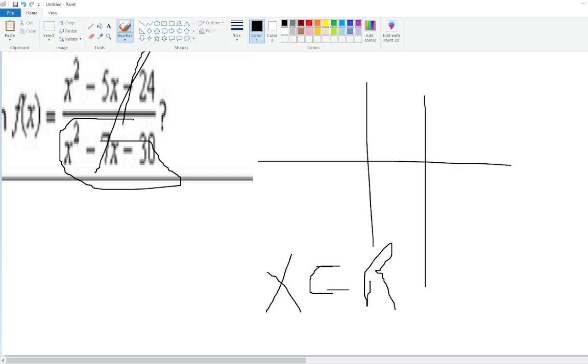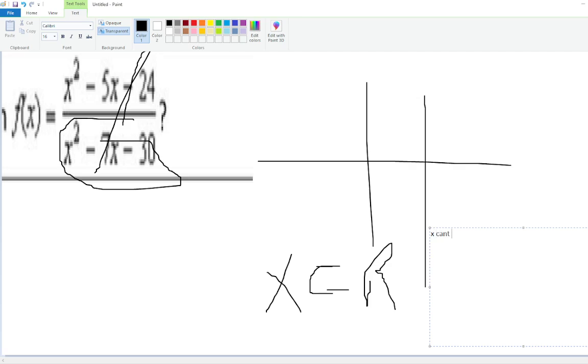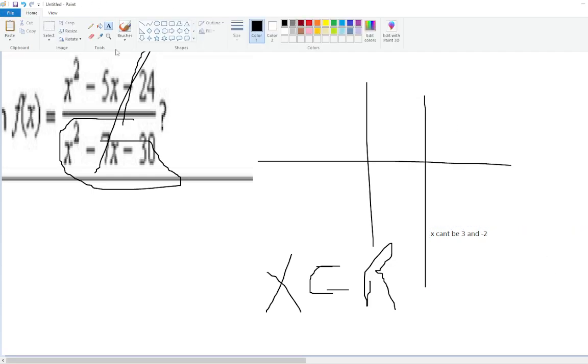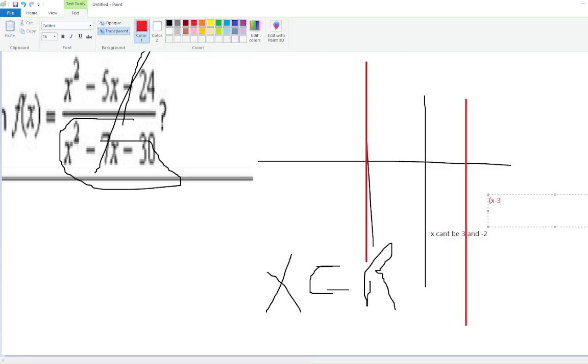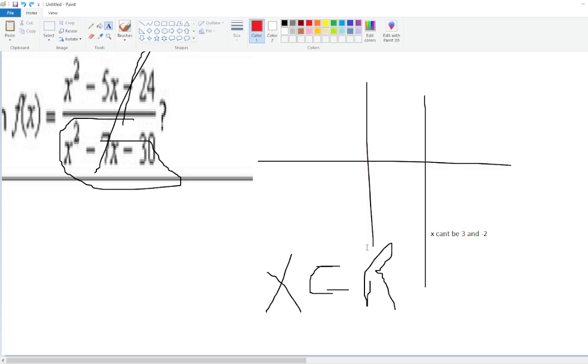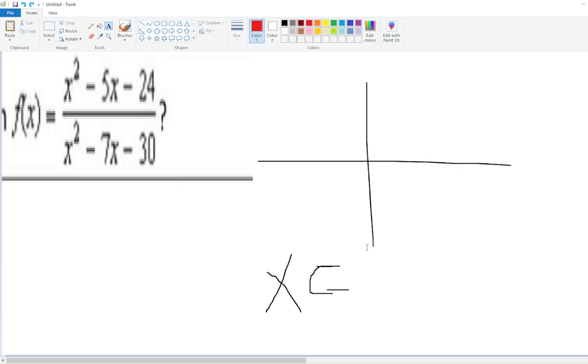Now, when things cancel, they don't create an asymptote, they create a hole. However, that hole also counts as a restriction in the domain. So for instance, you'll often see x in R, but x can't be 3 and -2 or something like that. That'll be where the asymptote is, at 3 and -2, let's say. And that means the factors down below would have been x minus 3 and x plus 2. But we'll see that in this specific example.